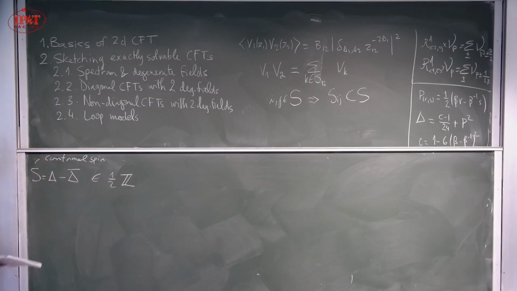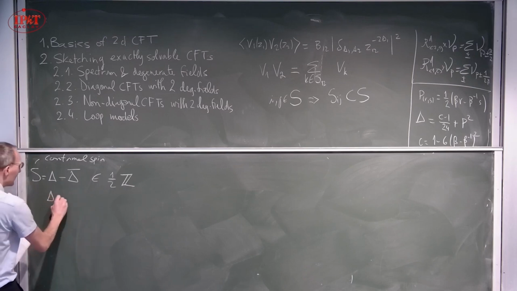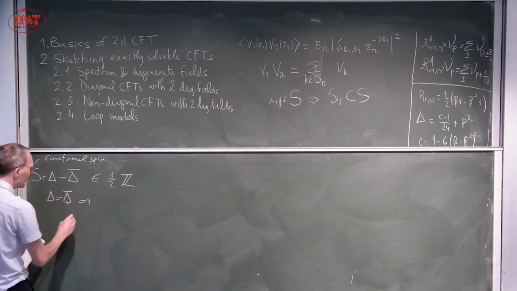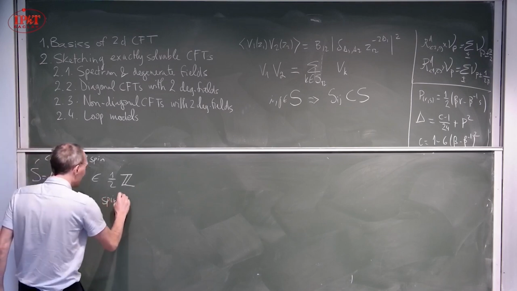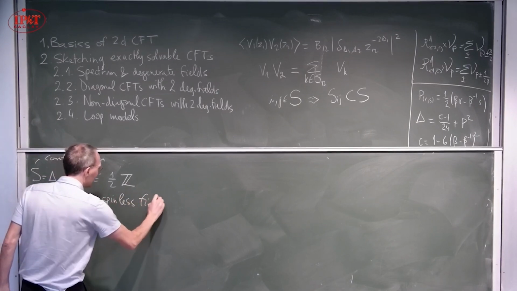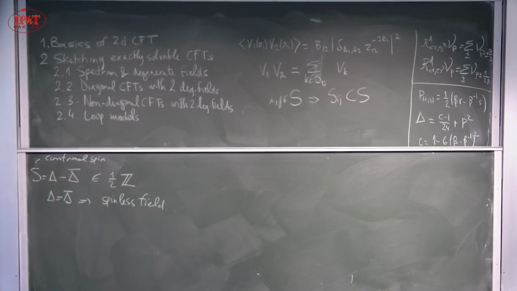The simplest way to satisfy it is probably that their dimensions are equal. So a field which has equal left and right dimensions is called a spinless field, a field whose spin is 0.